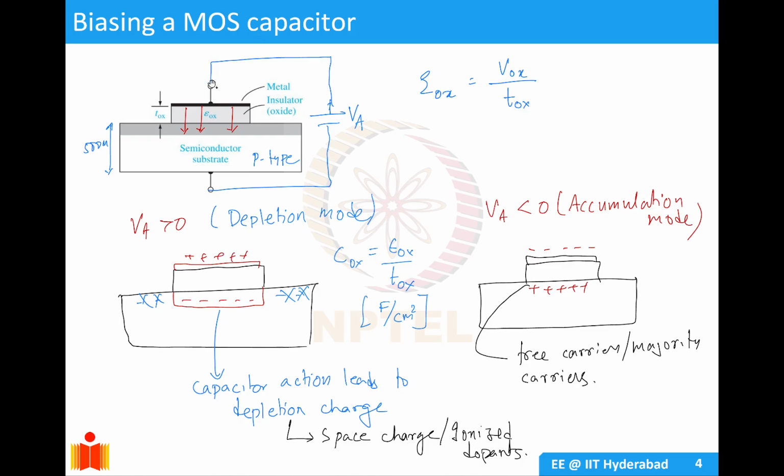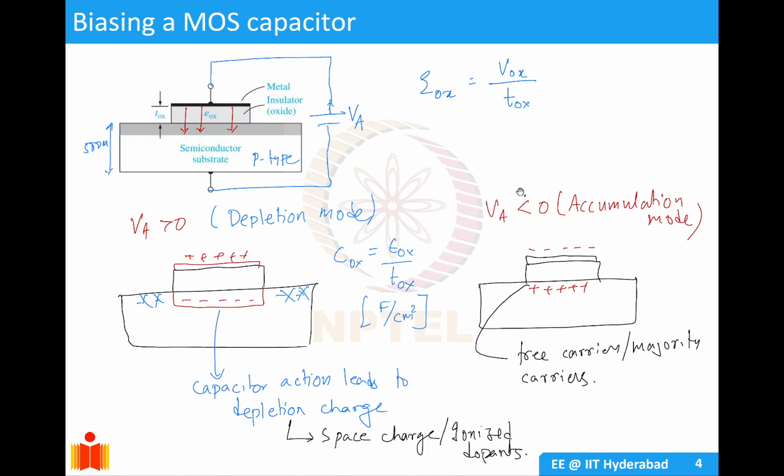Since your metal is at positive potential, it gains positive charges, and due to this electric field, your semiconductor surface gains negative charges due to this capacitance action, and these negative charges at the semiconductor surface cause changes in the semiconductor band bending.